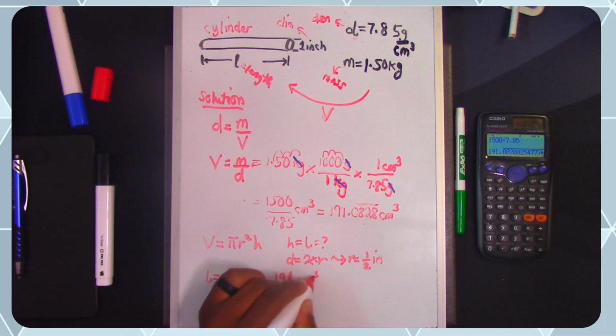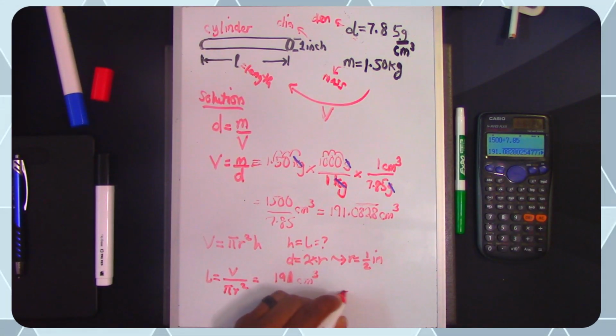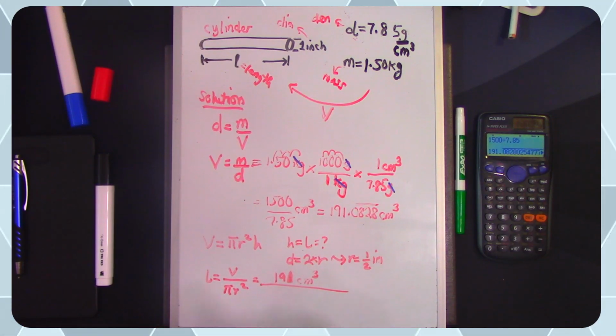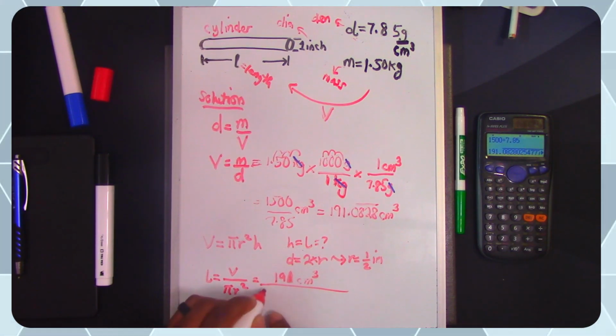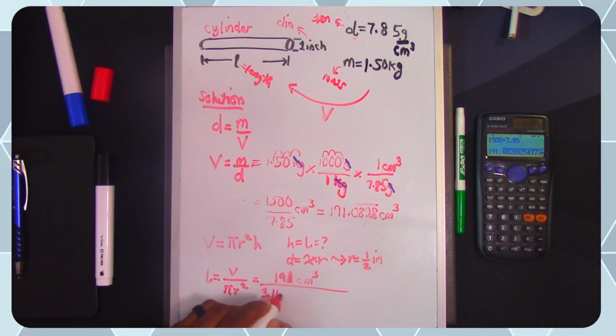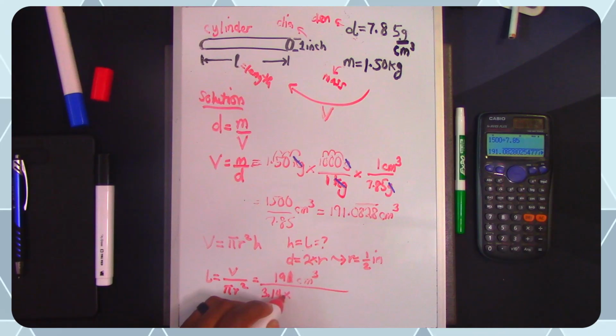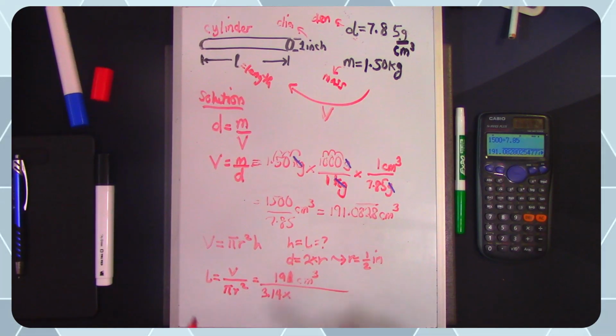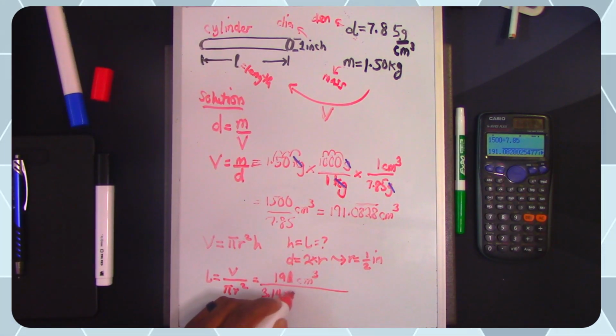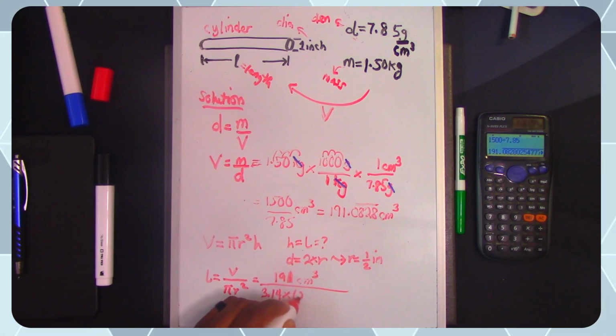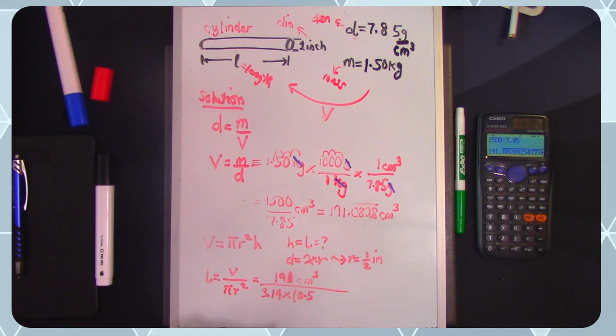Take note here that the next part is going to be a lot of numbers to consider. First is, we know that our pi is equal to 3.14, we're just going to stop there, and this here is multiplied by what? Our half an inch, and half an inch is the same thing as saying 0.5 inch.